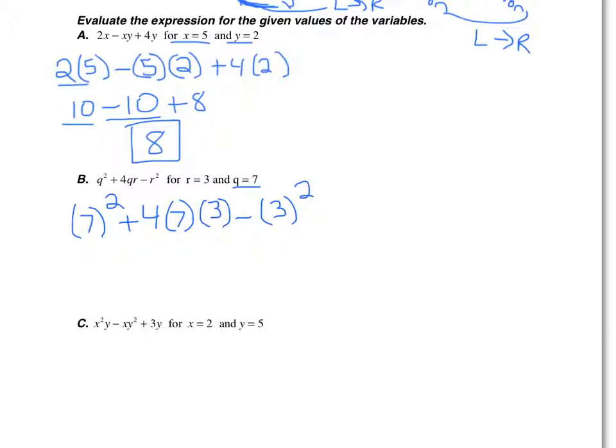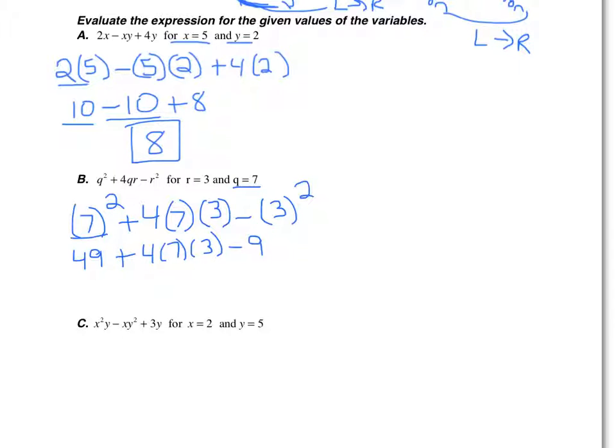So again, we look at PEMDAS. There's not really anything in parentheses to add or subtract. So the E is for exponents, so let's do our exponents first. So 7 squared is 49, plus 4 times 7 times 3, minus 3 squared, which is 9. And then we do multiplication and division.